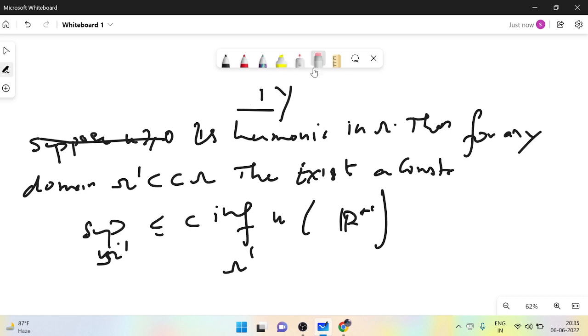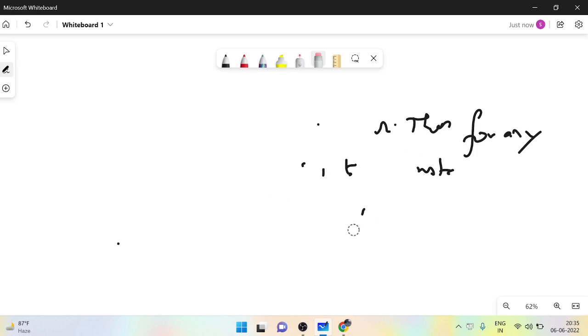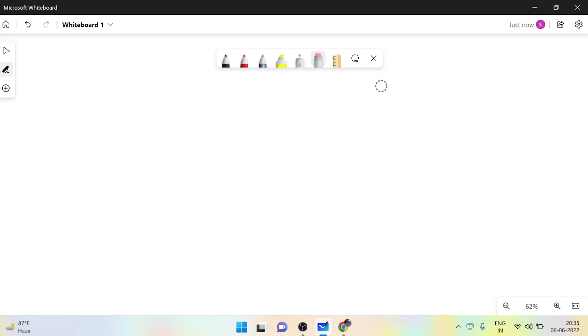So in the 2-dimensional case, I'm stating Harnack's inequality.